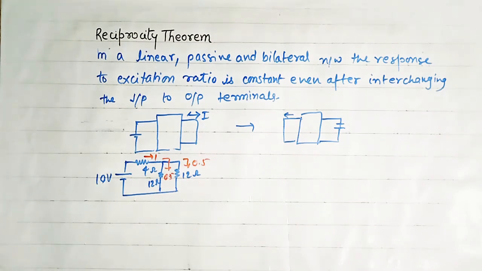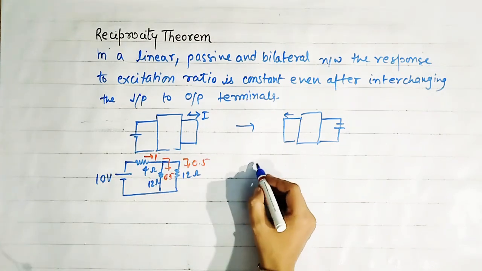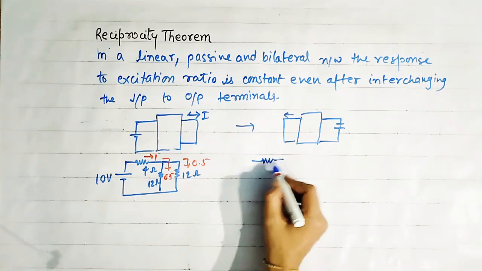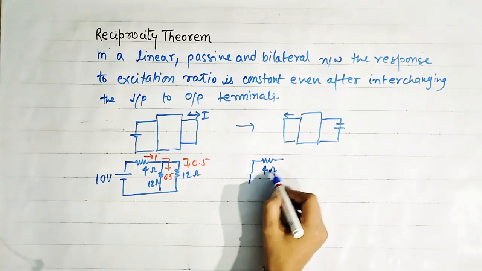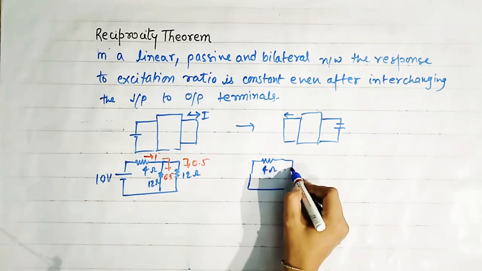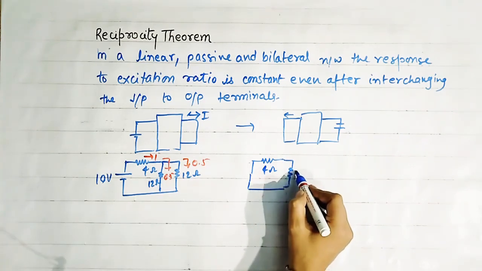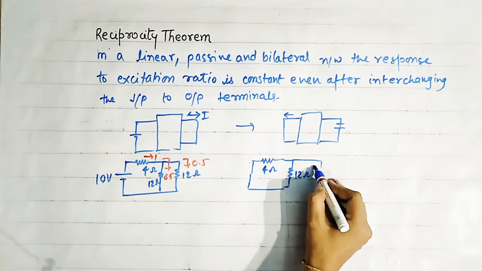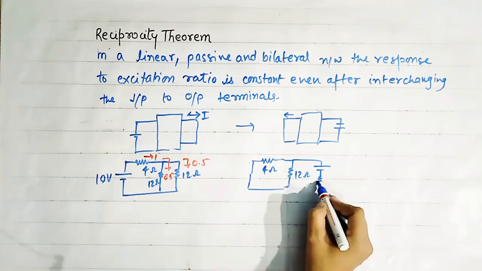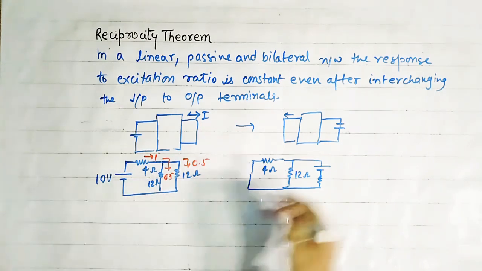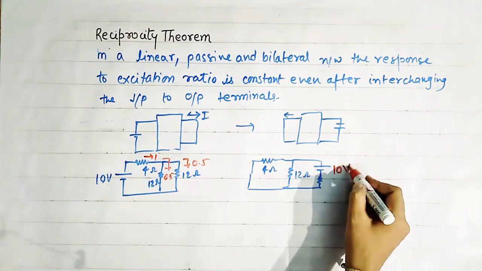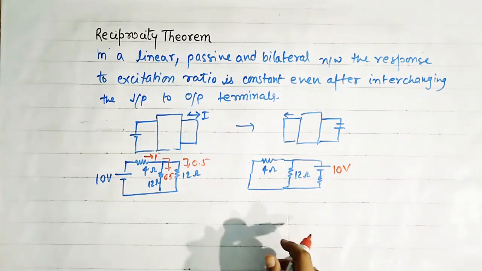Suppose what I do, if I replace this voltage source from input to output, this is 4 ohm. Okay, if I put this voltage source here, and instead of applying 10 volt here, I apply the 10 volt source here, then what happens?